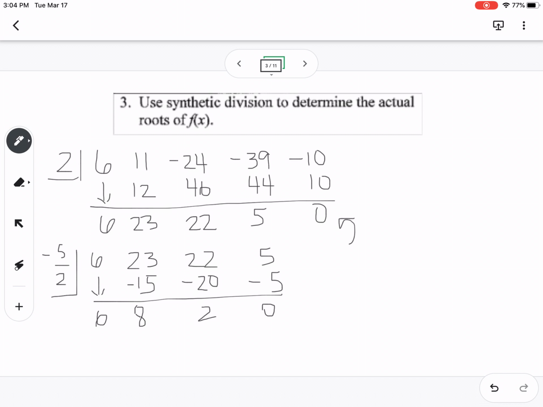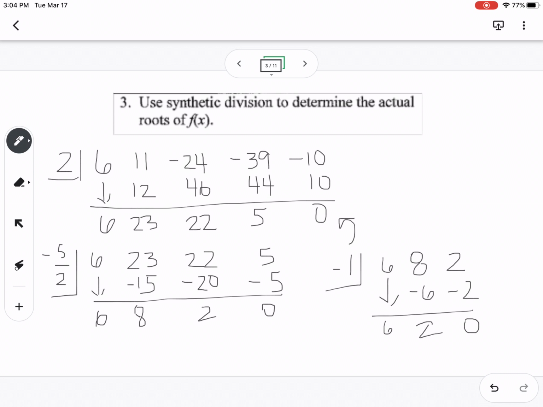And then our last one, we're going to take that -1 root that we saw from the graph. We're going to use 6, 8, and 2. Bring it down, we get 6, we get -6, we get 2, we get -2, we get 0.